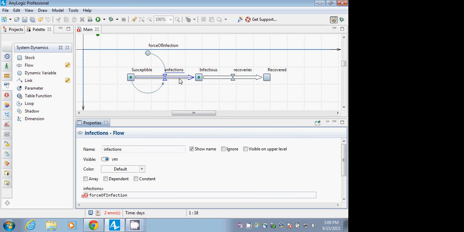Okay, so suppose I have a 1% chance per day that I'm going to get infected. I'm a susceptible. I have a 1 in 100 chance of getting infected. That's 0.01. 1 in 100 chance of getting infected on a given day. And now let's consider a given day.